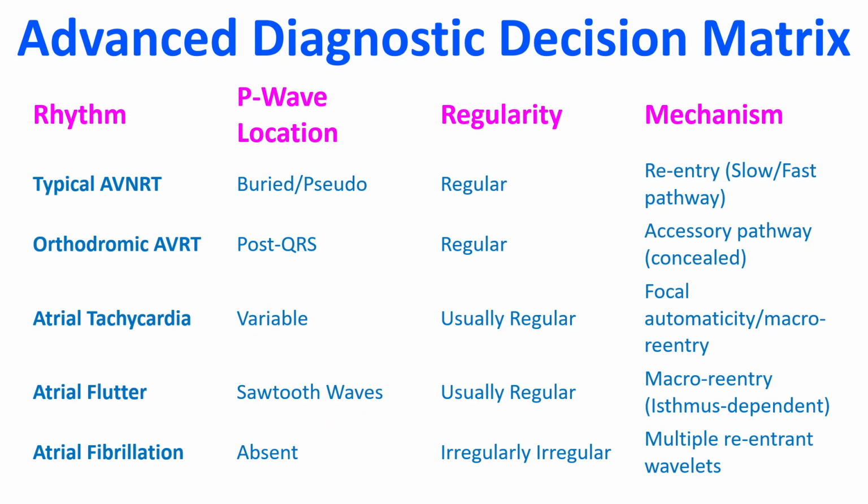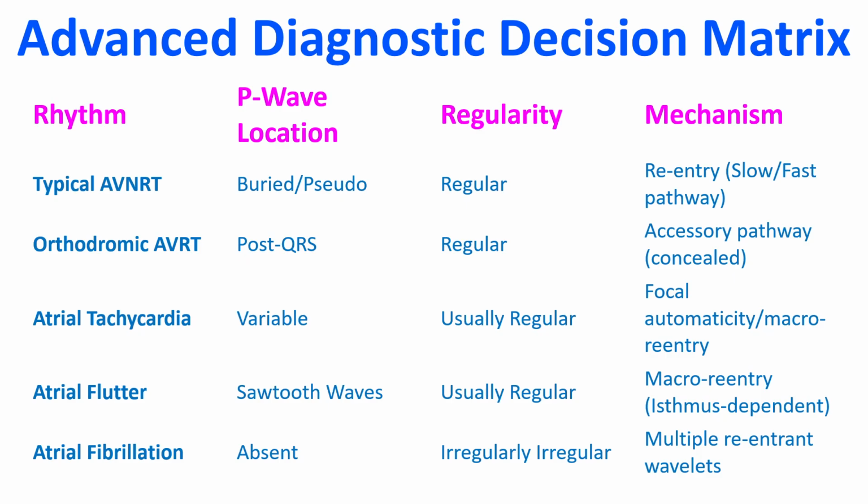Here is a diagnostic matrix for some supraventricular tachycardias. Typical AVNRT, P wave is buried in the QRS or there is pseudo R and pseudo S. It is regular and the mechanism is re-entry, slow, fast. Orthodromic AVRT, P wave is after the QRS, regular, and it is accessory pathway.